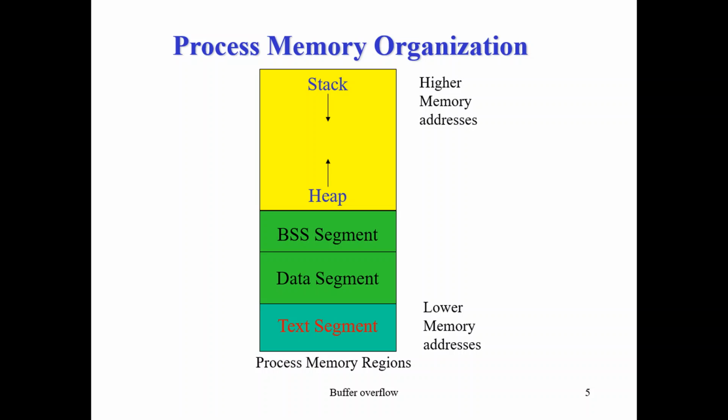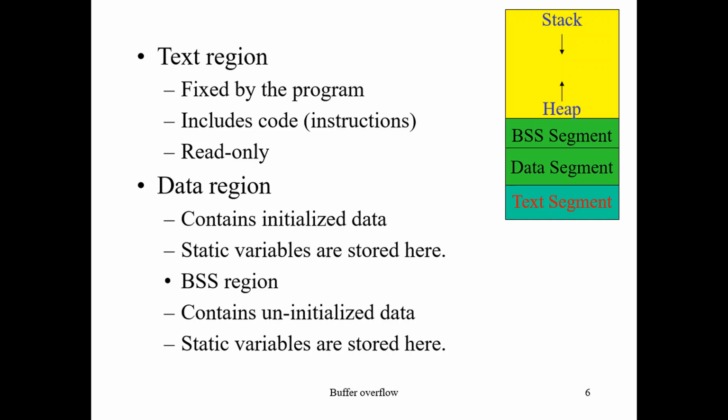Here is how the memory is organized inside the process. So when a process is running in the operating system, let's say Linux, for example, this is how the memory is organized. So we have at the bottom the text segment, and then we have the data segment, the BSS segment, and then we have the heap and the stack. The text segment is fixed by the program.